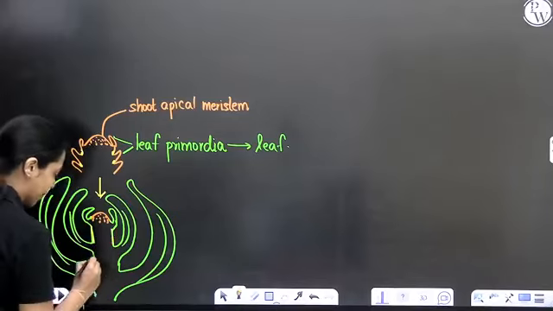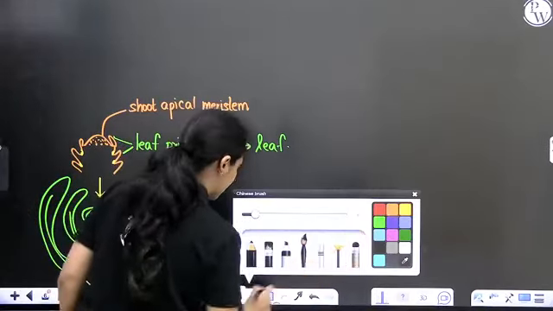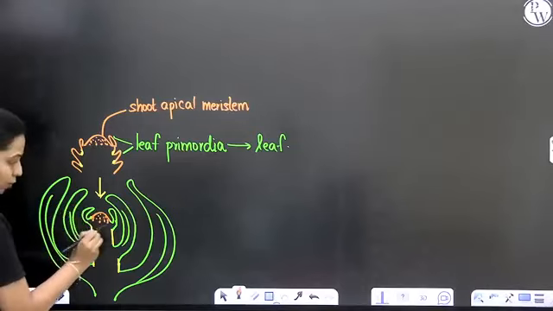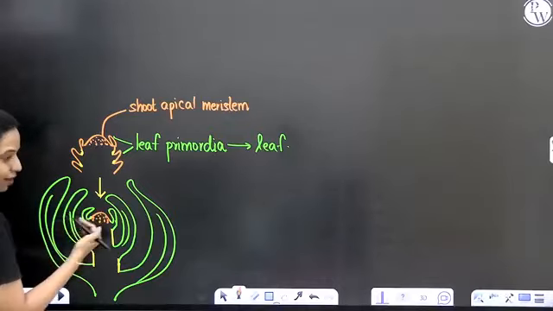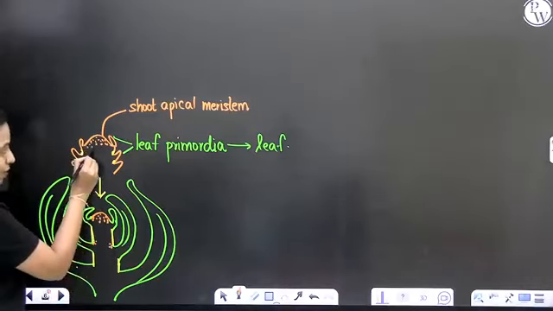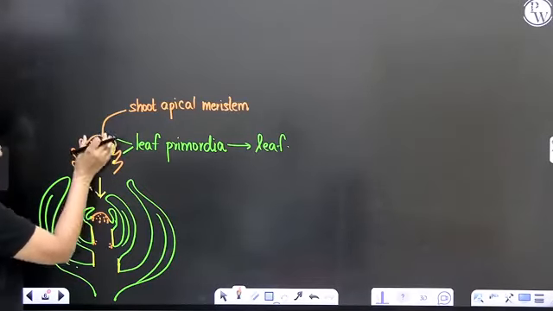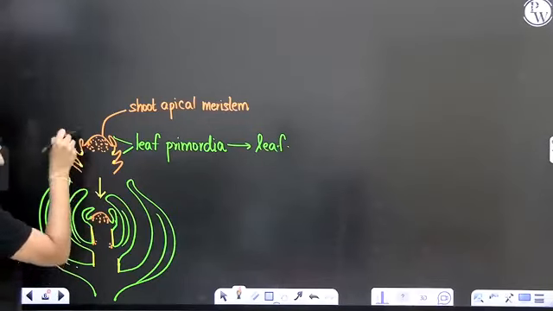So when this happens, some of the shoot apical meristem tissue, some of the meristematic cells at the shoot apex, will be retained back over here. See, it was here, right? Now this is becoming bigger. As it's becoming bigger, there will be elongation.